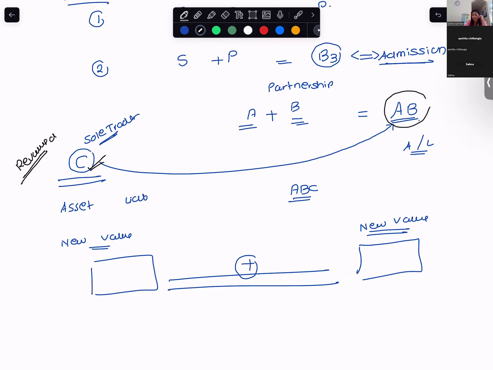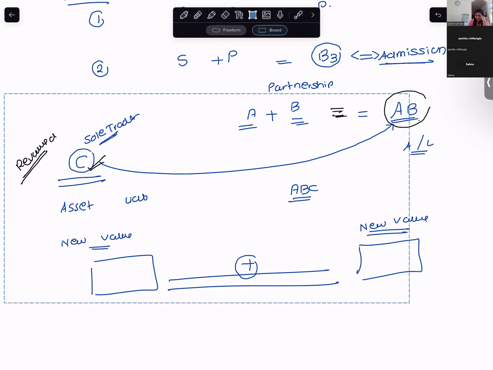So whenever I revalue the assets and liabilities, the profit on revaluation will go to whom? A and B both. So the profit on revaluation will go to A and B both. So when I am merging a partnership with a sole trader, I have to follow certain steps only for the partnership.